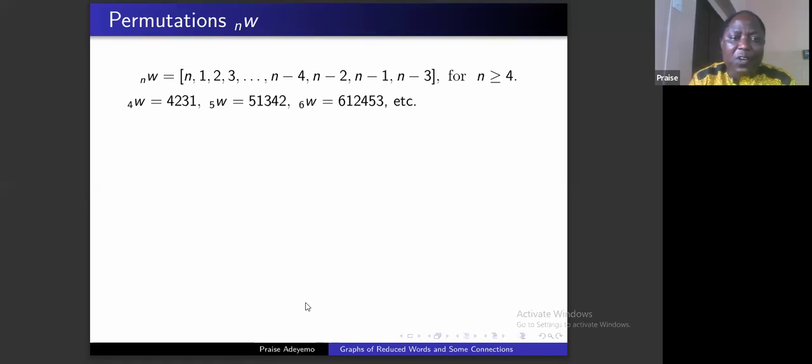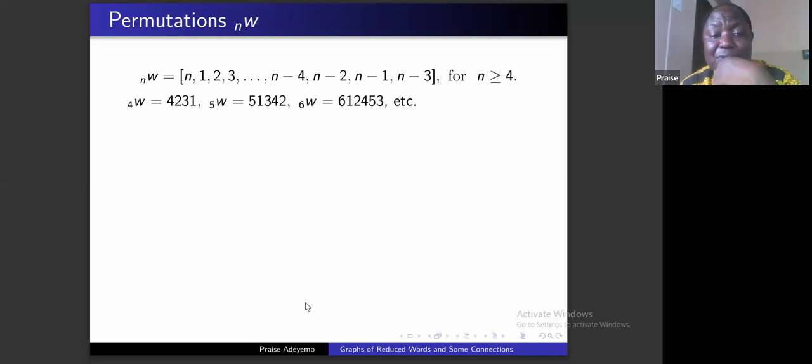For n equals 4, we are looking at 4, 3, 2, 1. For n equals 5, that will be 5, 1, 3, 2, 4. For n equals 6, you have that. As n grows, it becomes very visible that it satisfies the form that we are looking at. The question is, how do we count the reduced words of permutations of this form?